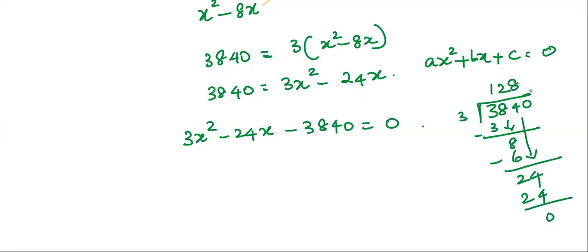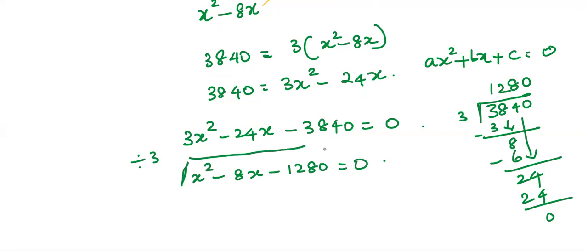So 0. There is another 0 also, so bring the 0. Yes, it's divisible by 3. So let's divide the whole equation by 3. This will become x square minus 8x minus 1280 equal to 0. This is the required quadratic equation for this question.